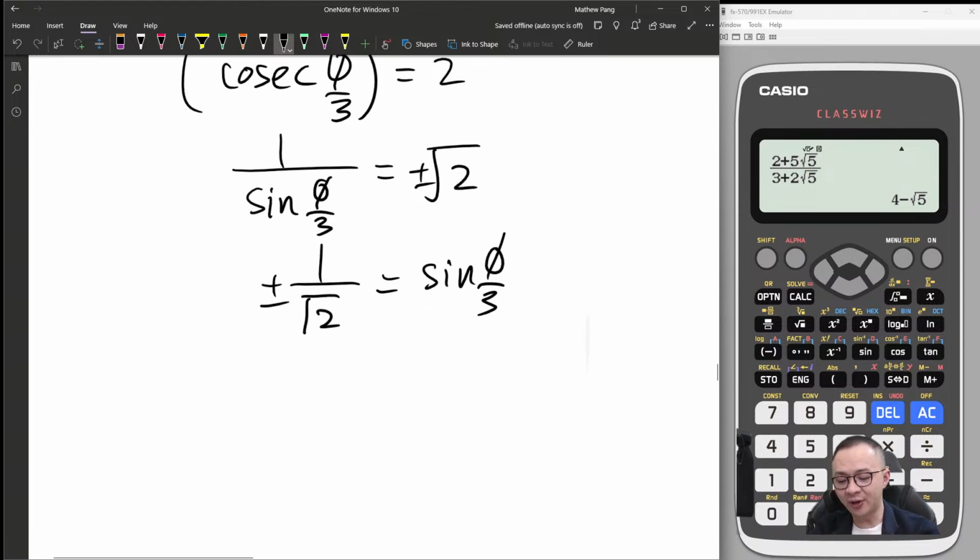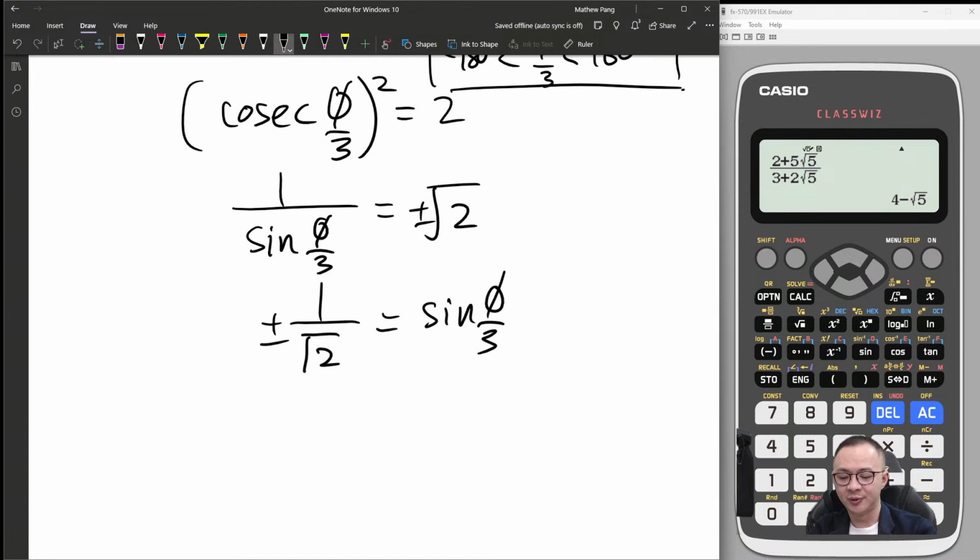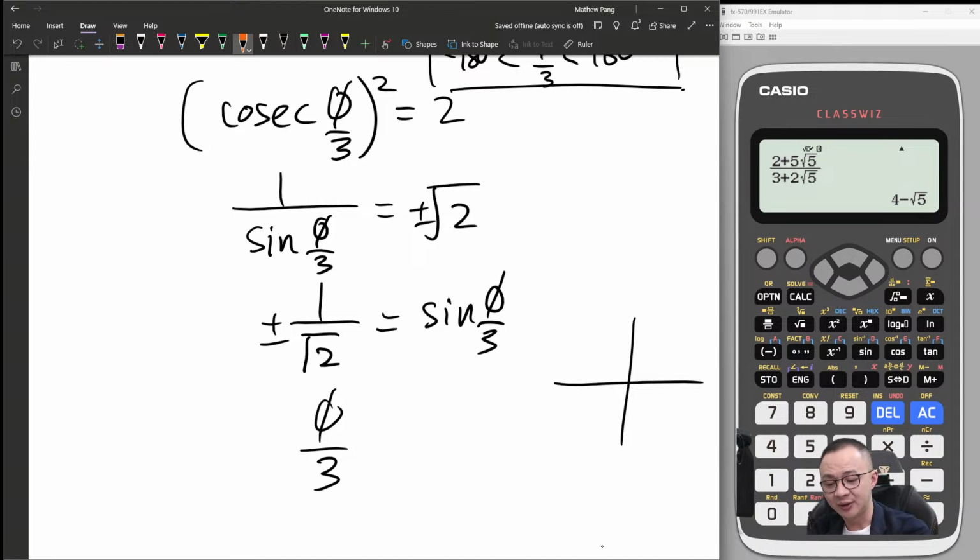Alright, so in order to solve this one, I inverse the sine, so I should have all 4 different quadrants required. But right now, positive angle, I will go up to 180 only. This one is for positive angle. Then for the negative angle, I will go to negative 180 also. So this one is for negative angle.